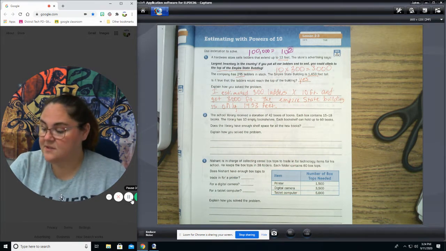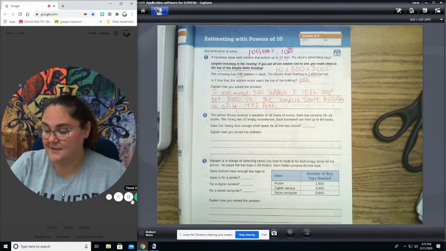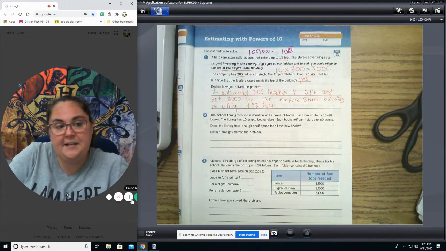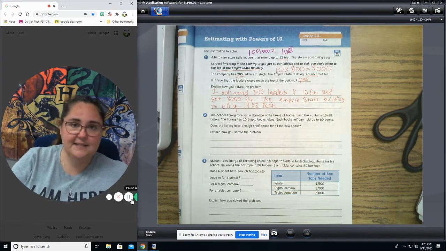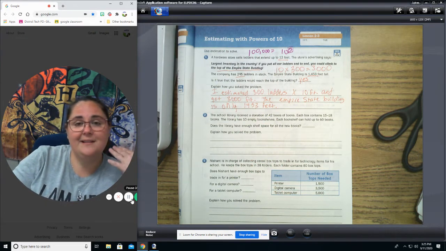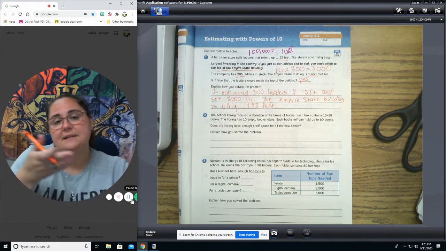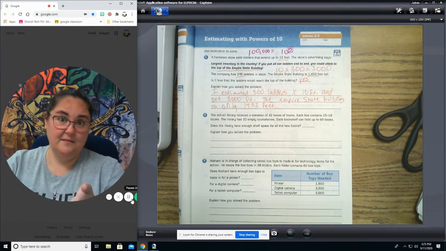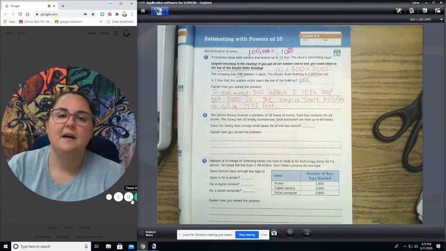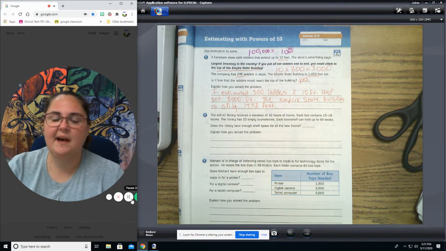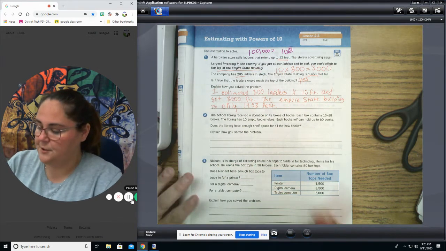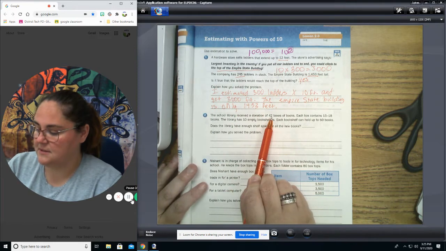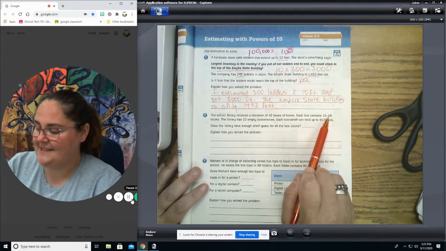All right. The school library received a donation of 42 boxes of books. Each box contains 15 to 18 books. It's not an exact number, and that's okay. That means some boxes might have 15, some boxes might have 18, some might have 17. It's okay to use an estimate with that, okay? So 42 boxes of books with 15 to 18 books.